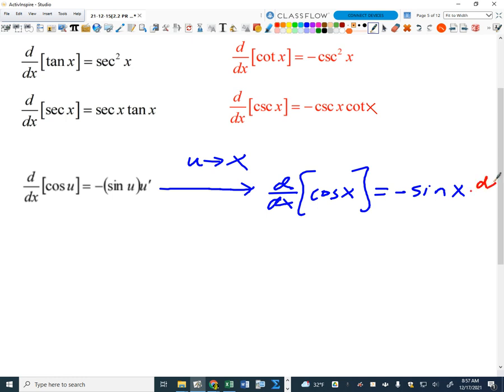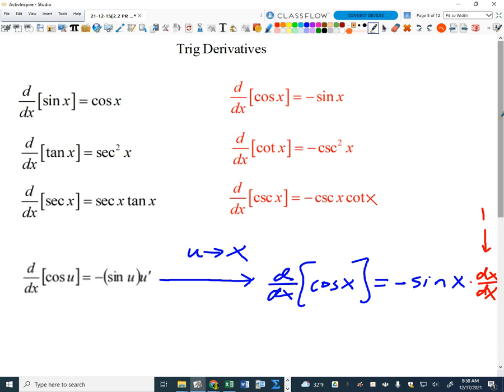Times dx/dx, which is just 1. So it gives you back the same thing you'd have up here. Pretty soon, those u's will have a lot more meaning than that. Like I say, we probably won't get to it until after Christmas, but right after break, those u's will be much, much more meaningful.